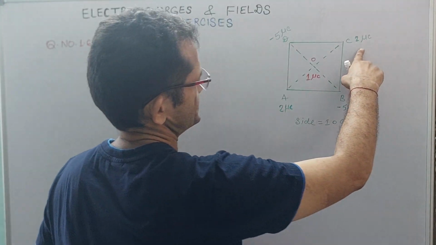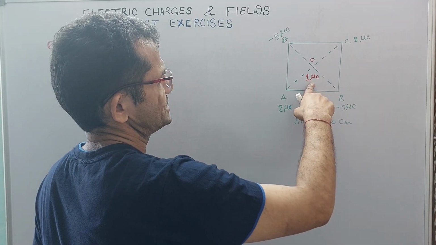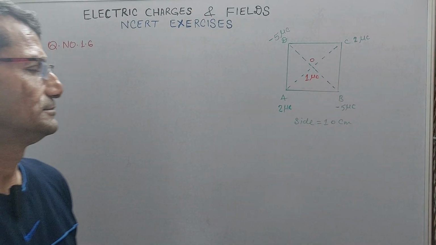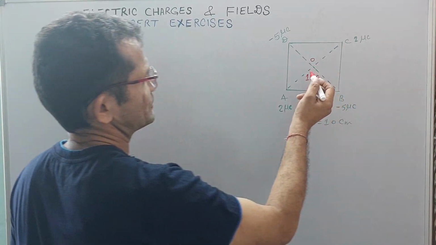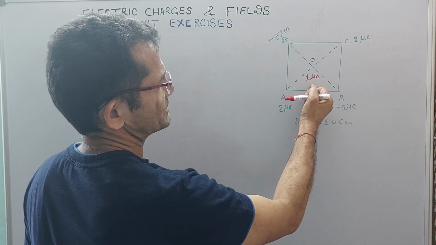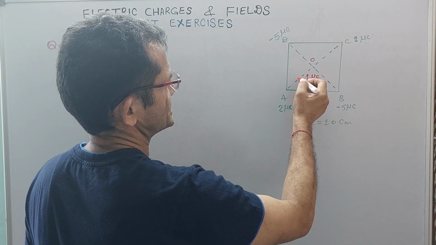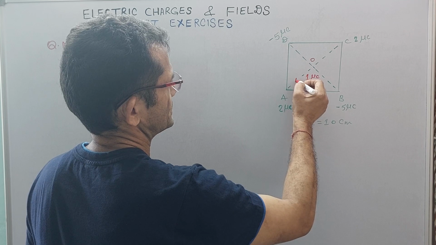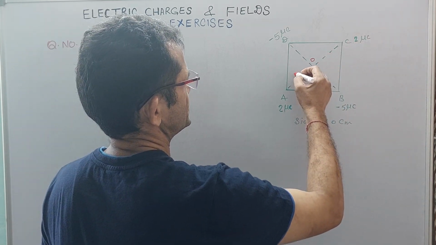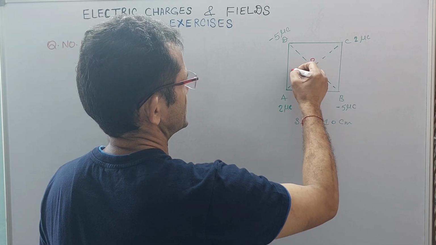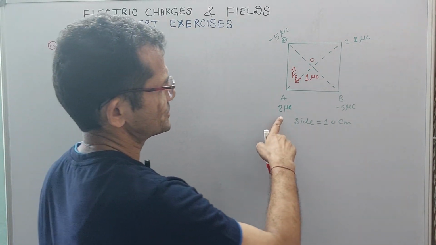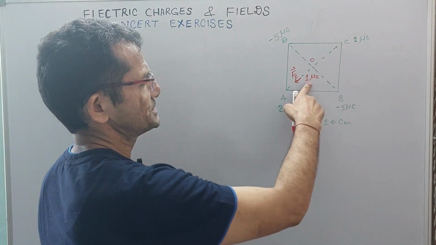So this is a positive charge and this is also a positive charge. Positive will repel, from Coulomb's formula. This 2 microcoulomb repels 1 microcoulomb along this one. So we represent this by this force, this is the force due to FC. Similarly, this is 2 microcoulomb, 1 micro, both are positive.